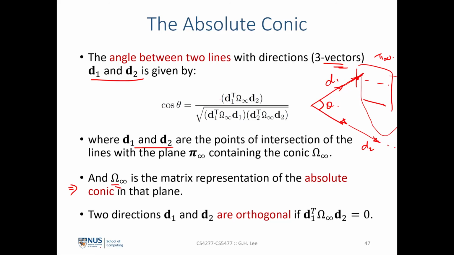So the two directional vectors are orthogonal if this relation here gives us 0, which means that we have a cosine of 90 degrees here, and this would be equal to 0 if these two lines here, the directional vectors, are perpendicular to each other.